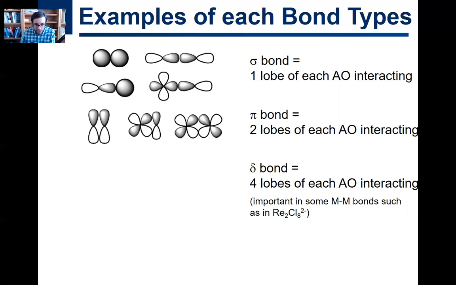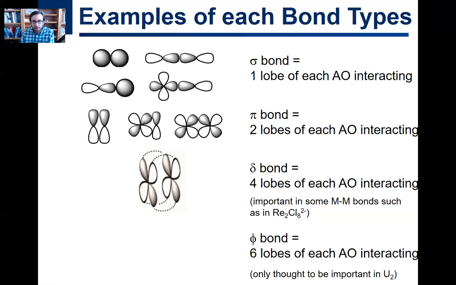It's pretty fascinating stuff, and really kind of blew up people's preconceptions about the limits of bonding, sort of in the 1970s, where a lot of this was discovered. And so a delta bond would be something like this, where you have one lobe and one lobe interacting, a second lobe and a second lobe interacting, a third lobe and a third lobe interacting, and a fourth lobe and a fourth lobe interacting. Four lobes of each atomic orbital interacting, that's a delta bond.